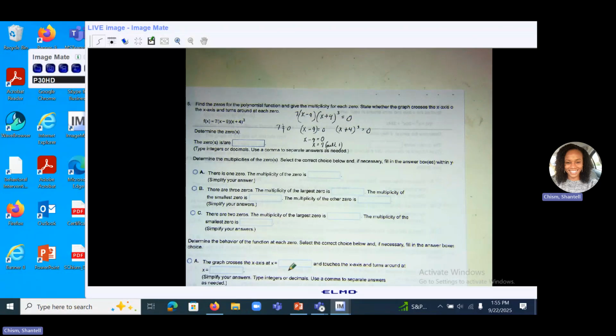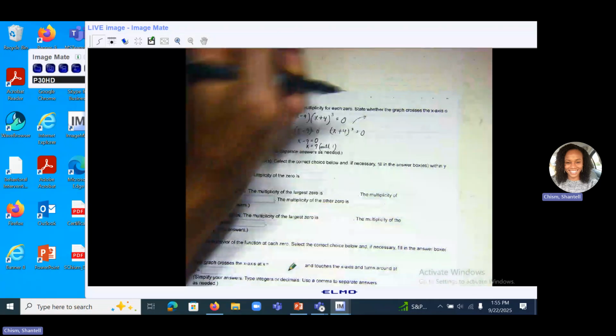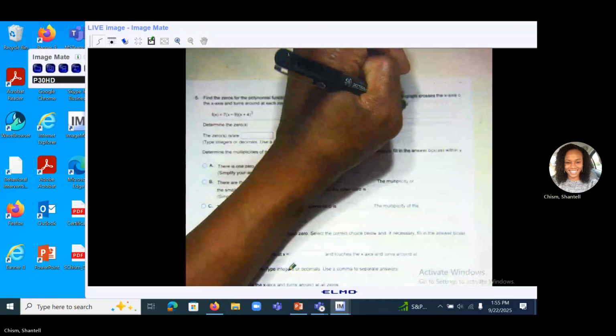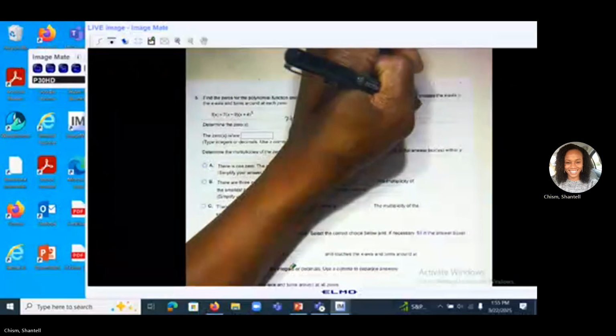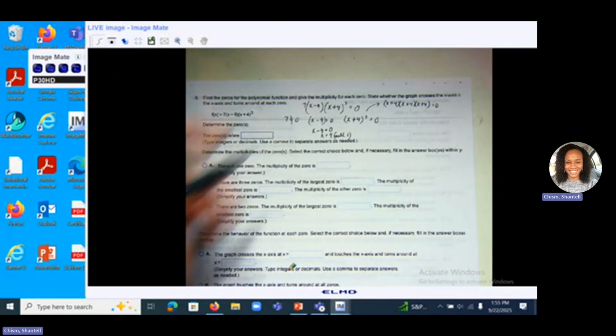Here, keep in mind the cube means 3 factors of that binomial. So it would technically be like x plus 4, x plus 4, x plus 4. And then you could break each one of those apart and place them equal to 0 individually. But they're the same factor, so they would have the same solution.